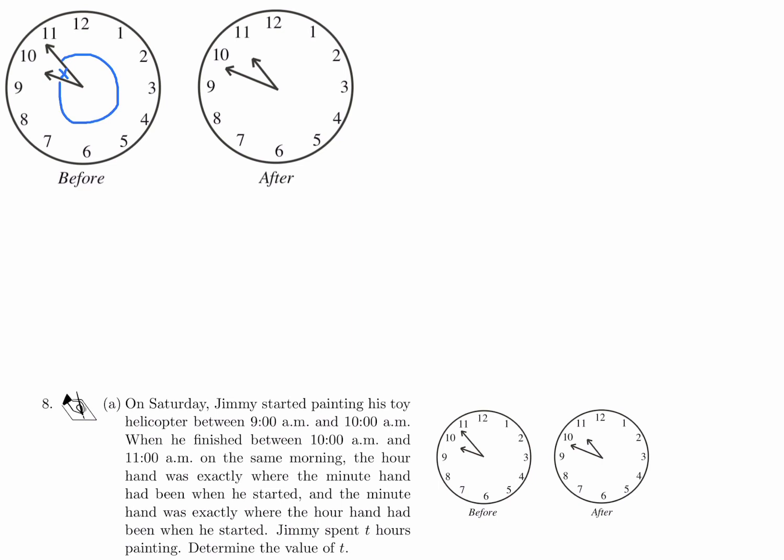And then end up right there, which is depicted here. So when it goes all the way around, it goes 360 degrees minus X. That is the distance that it travels. So let's just put that here. The hour hand moves X degrees, and the minute hand moves 360 minus X degrees.